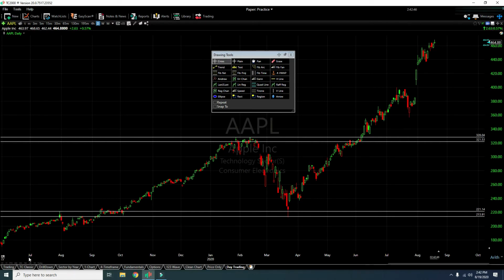Okay. Now, the next step in this video is what are the common mistakes people make while identifying support and resistance and trading with it. The common mistake people make is they try to draw a single line to highlight the support or resistance instead of marking the area. That's the very first mistake one has to avoid.